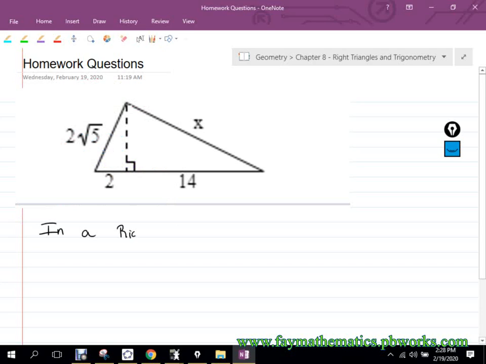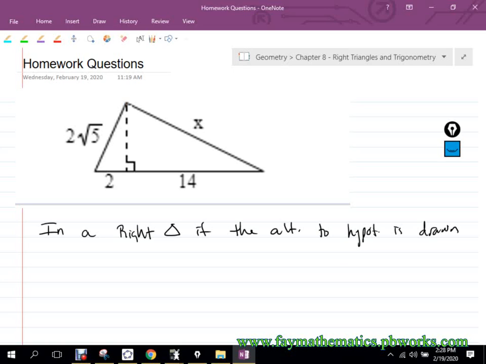in a right triangle, if the altitude to the hypotenuse is drawn, okay, then you get geometric means, correct? About segments, legs, all that kind of stuff. And here's my question.